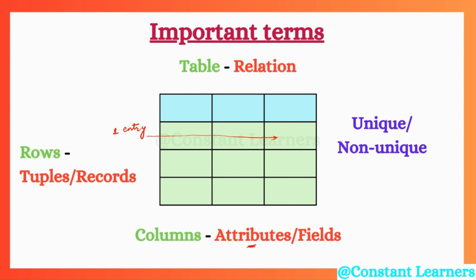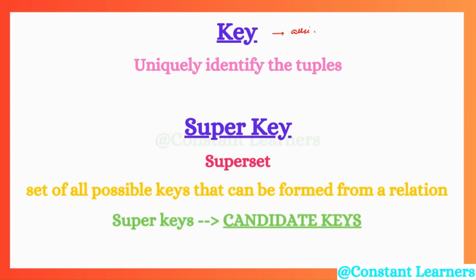Now these attributes, these columns, can either be unique or non-unique. When they are unique, they can be considered to form the keys. When they are non-unique, they are also known as non-key attributes. Keys are the columns that can help us to uniquely identify a row or a tuple.